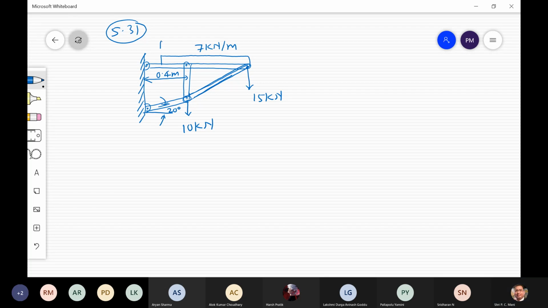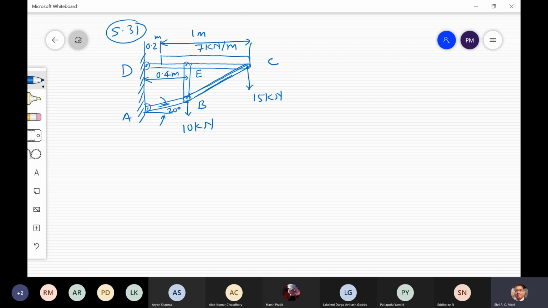Okay, this to this, that is given 0.2 meter, and from here to here, this one is given 1 meter. Okay, now this one is A notation, this is B, this is C, this is D, and this is the upper one. Okay, so in the question it is said that what are the support forces at A and D. Okay, this is the question.